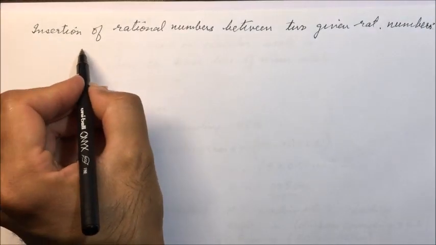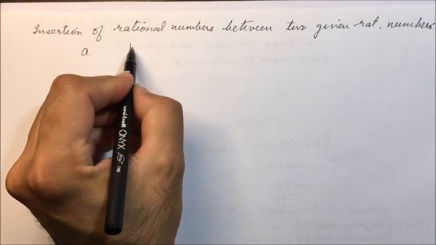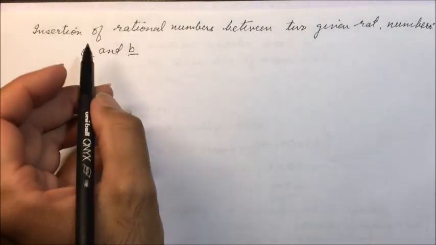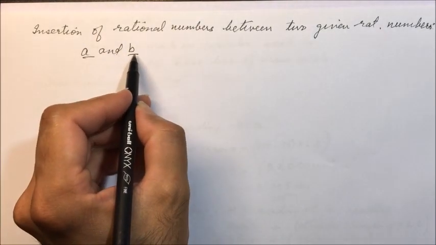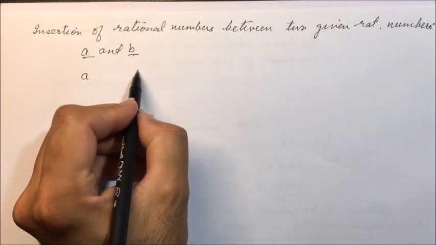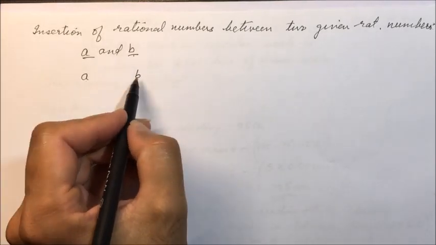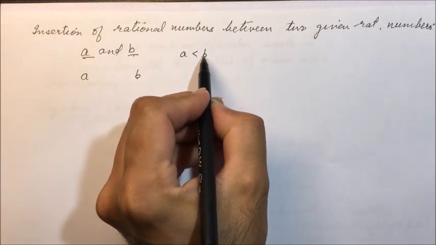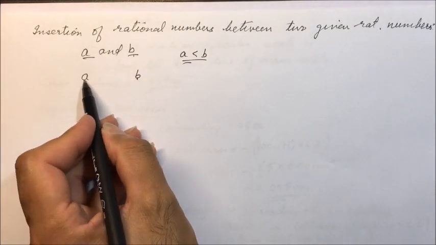So for example, we are provided two rational numbers a and b, and we have to find a rational number between them. A and b are two rational numbers such that a is less than b, or we can say b is greater than a.